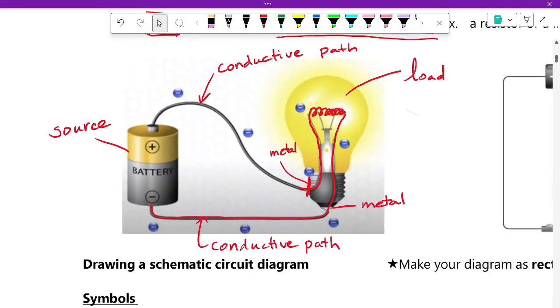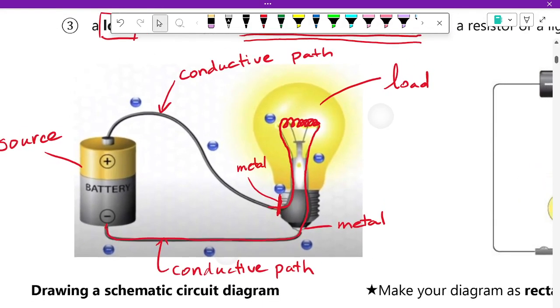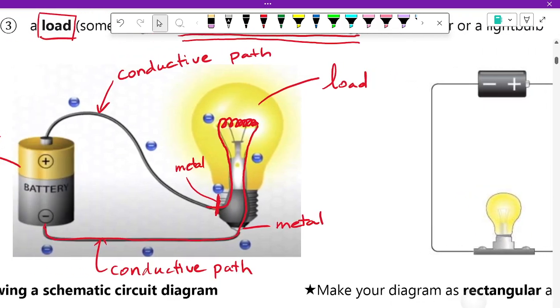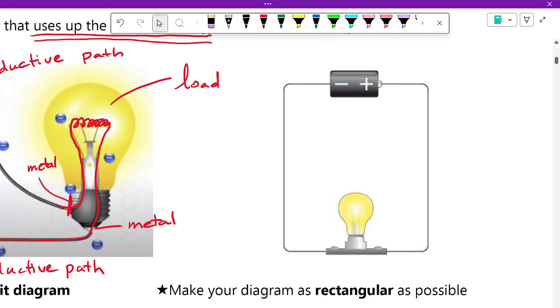Now, this is irritating to draw. That would take a lot of work. You could simplify it. One of the things we do to simplify it is make it as rectangular as possible. So we want rectangles.